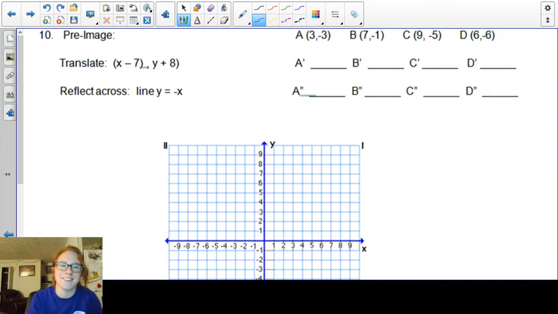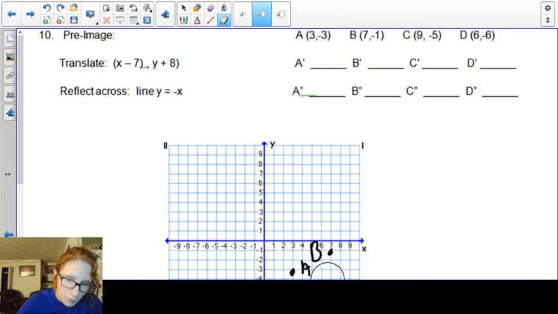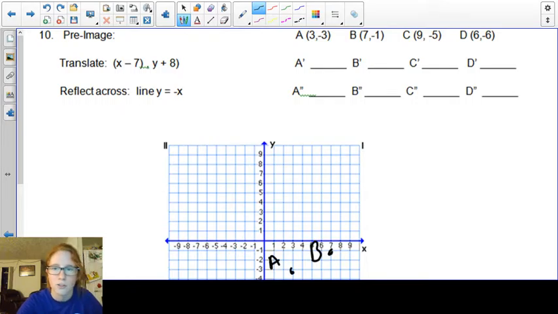Alright, glide reflections. So we're going to do the original in black like we've been doing. So let's do that first. I have A at 3, -3. B is at 7, -1. Darn it, I have to move that. The reason I'm moving him is so that I can make nice straight lines.